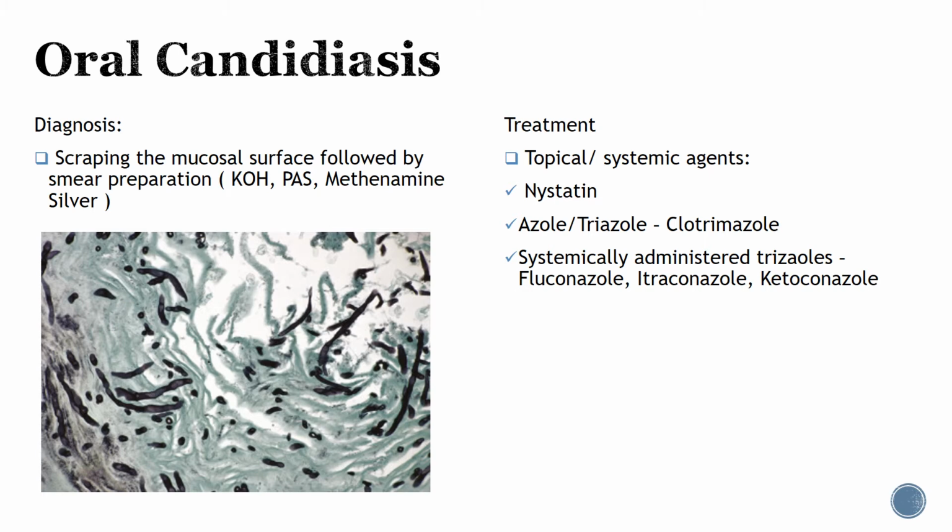The non-absorbable polyene compound in liquid or cream form may be used for most mild to moderate infections, whereas the partially absorbed clotrimazole may be useful both topically and, to a lesser extent, systemically. Systemically administered triazoles include fluconazole, itraconazole, and ketoconazole, which are effective in eradicating more severe forms of disease.